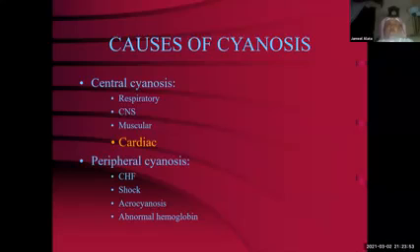Also, if you get cyanosis, you have to really pay attention to abnormal hemoglobin. Methemoglobinemia is there, and it's possible to diagnose. We have to be careful when we get a cyanotic child not to miss such an abnormality.